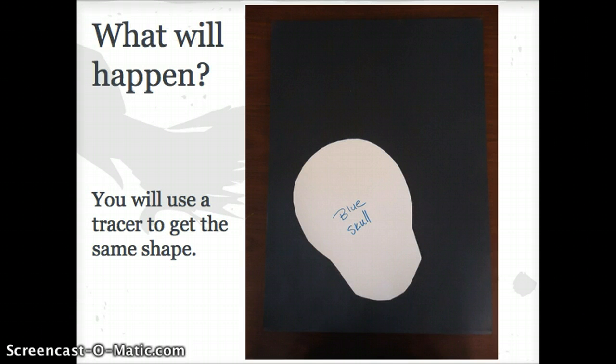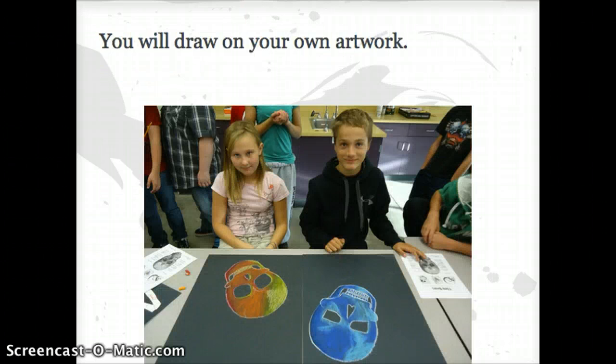Here's an example of one piece of artwork where we, as a 7th grade class, created unity all together. We used skulls and bones as our subject matter this time. So we all created first a skull, and then we used the same substrate, which was the black paper, and we also used the same medium, which is the oil pastel.